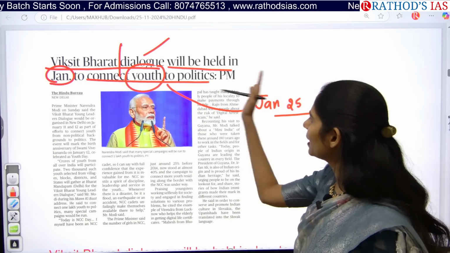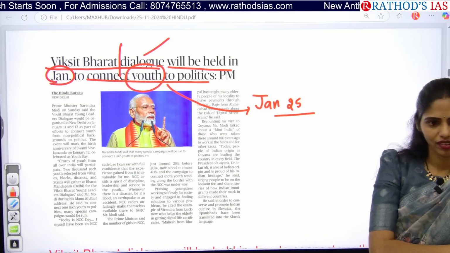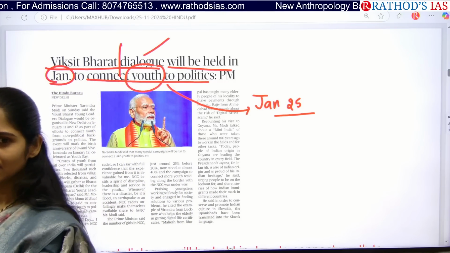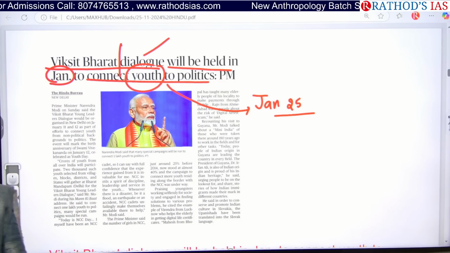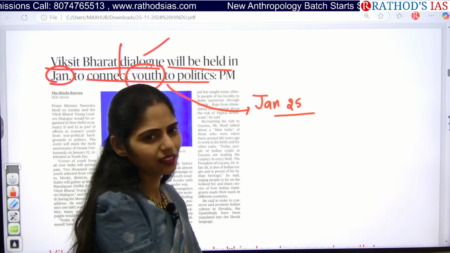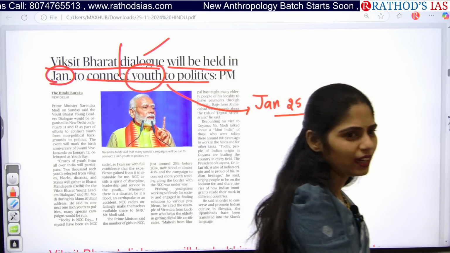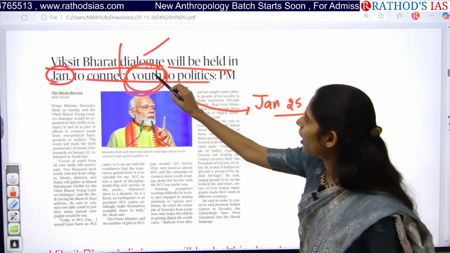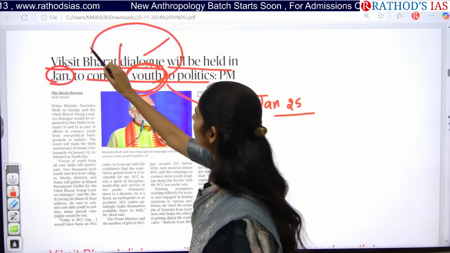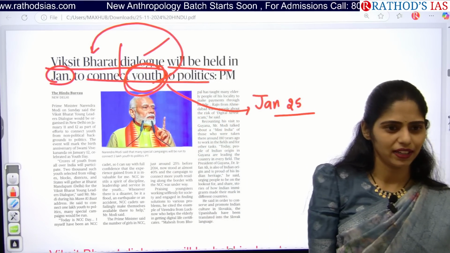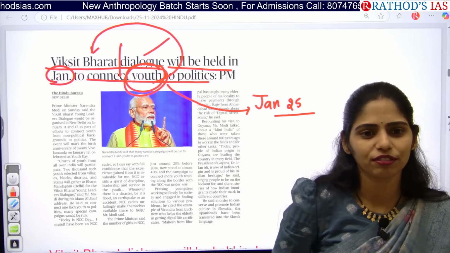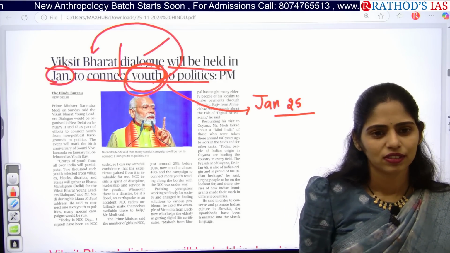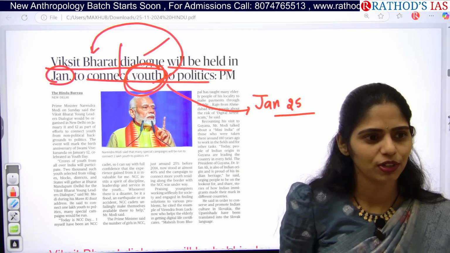Okay, what can be done in this dialogue? Think. Okay, so exactly the link is how this youth can be used for achieving this Viksit Bharat. So tell me from that point of view, how youth can be utilized to make our country a developed country by 2047.